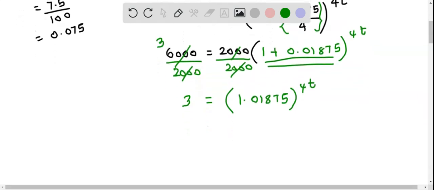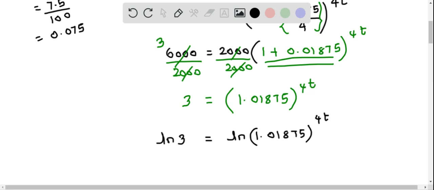Now we have to solve for t, so we can apply the natural logarithm to both sides. When we do that, we get natural logarithm of 3 equals natural logarithm of 1.01875 raised to the power of 4t. Now, using the properties of natural logarithm, we can put this exponent in front of the logarithm.